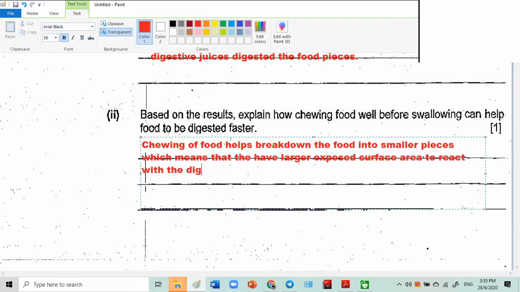Okay, digest. Right? Yes. How can chewing help food to be digested?